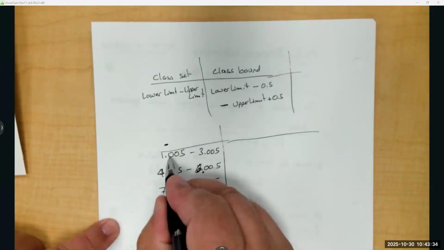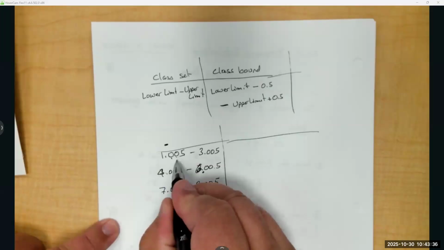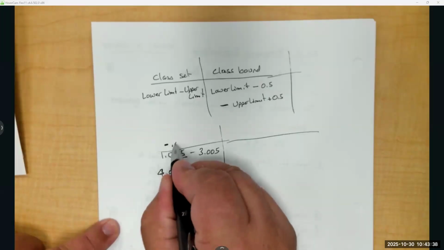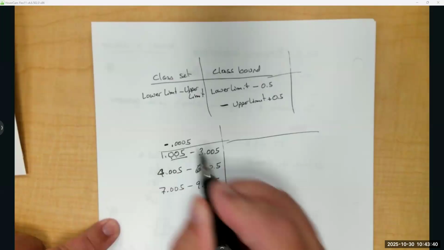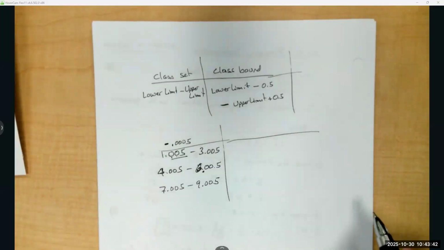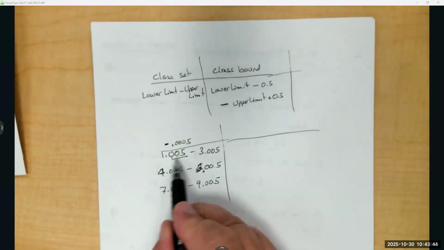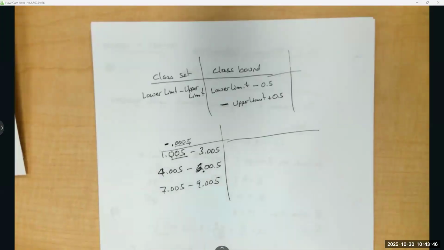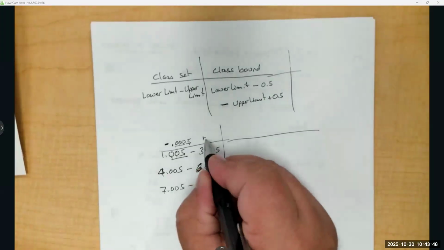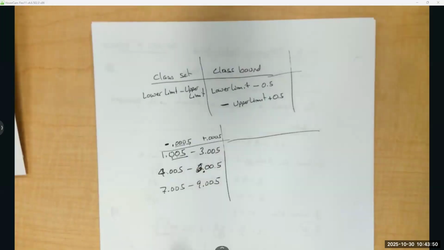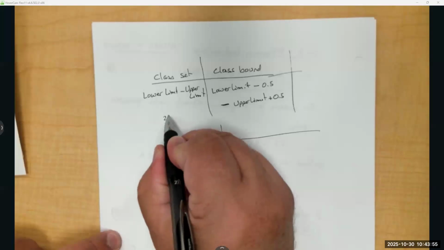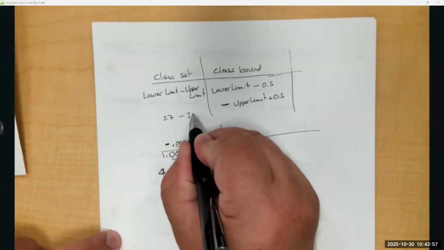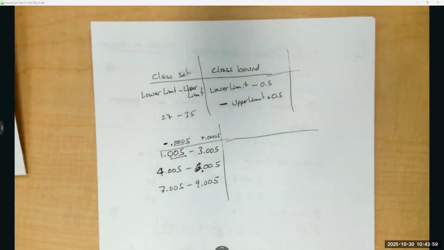Yeah, and this one, since this is 0.000, it has 3 decimal places. You take away one. So if there are 3 decimal places, you have 3 zeros, then a 5. And the other side, you add 3 zeros and a 5. Because in this one, we had 27 to 35 or 36, whatever it was.